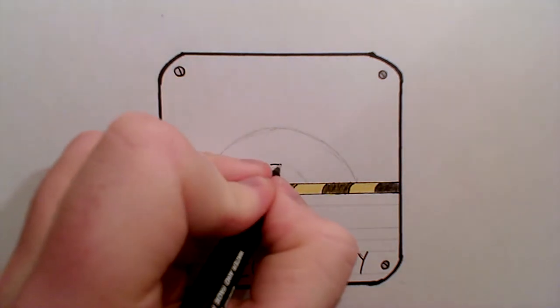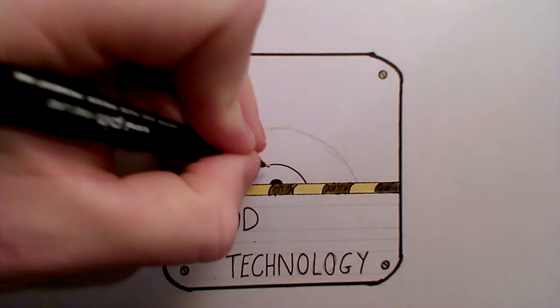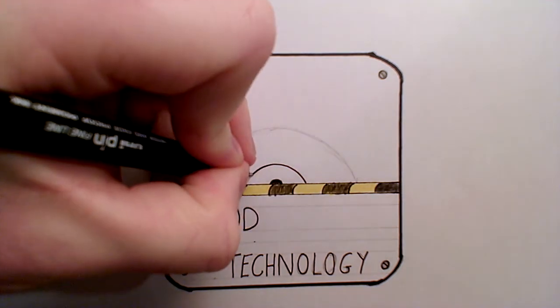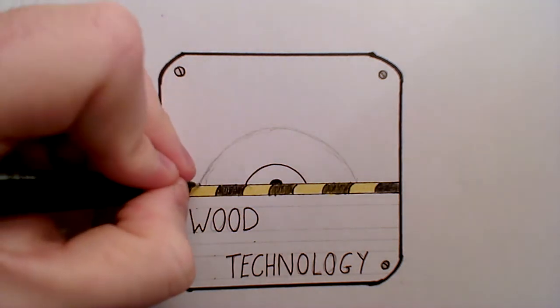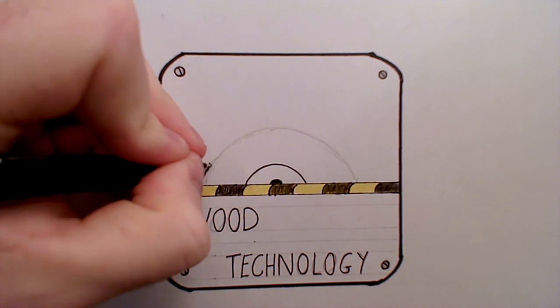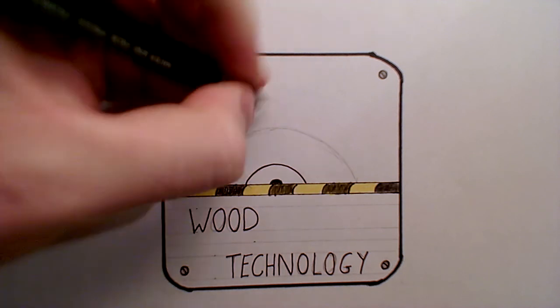Now with the next one, we'll go like so. And then lastly, for the outer line of mine, I'm going to put jagged teeth on it as it is a saw blade. So I'm just going to go something like this.